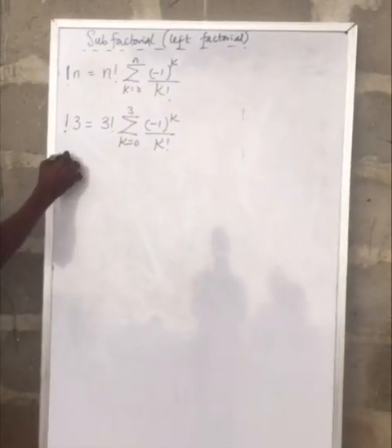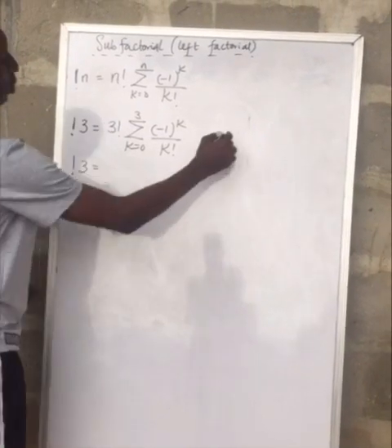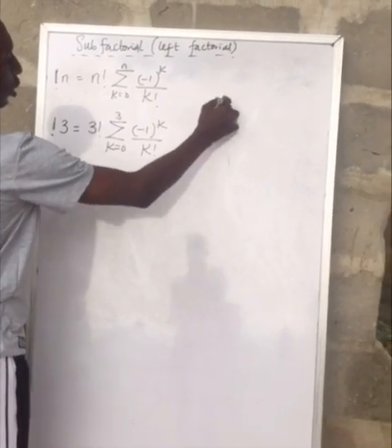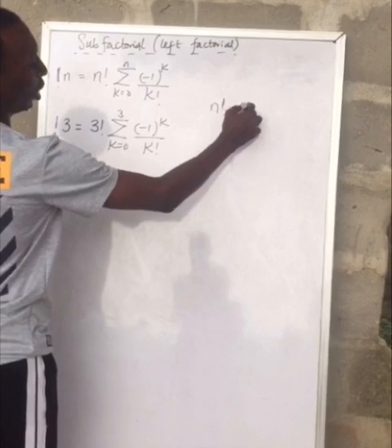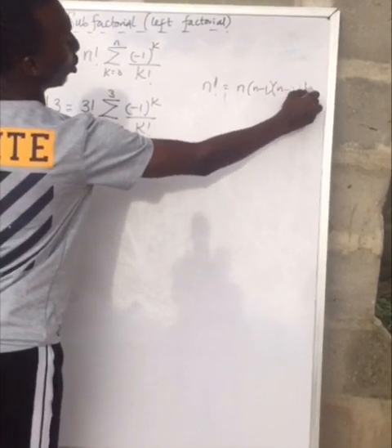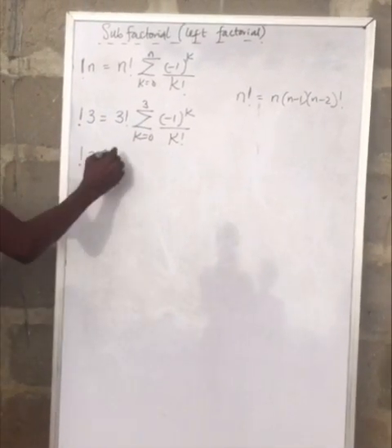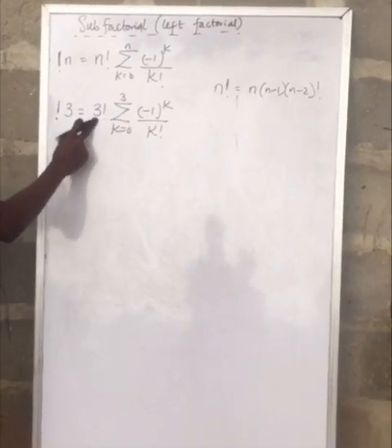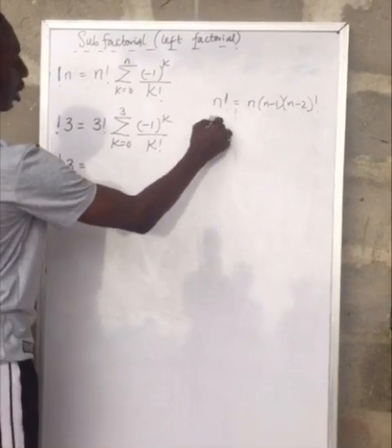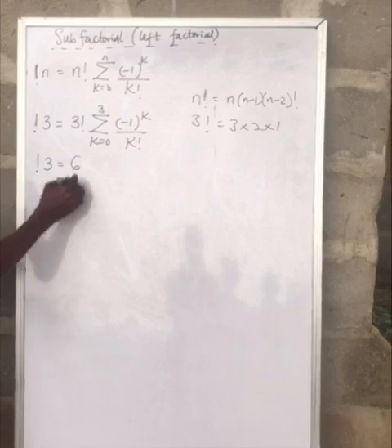So the subfactorial of 3 is equal to 3 factorial. Remember, from your concept of factorial, n factorial is equal to n times n minus 1 times n minus 2 times n minus 3 and so on. So 3 factorial becomes 3 times 2 times 1, which is 6.